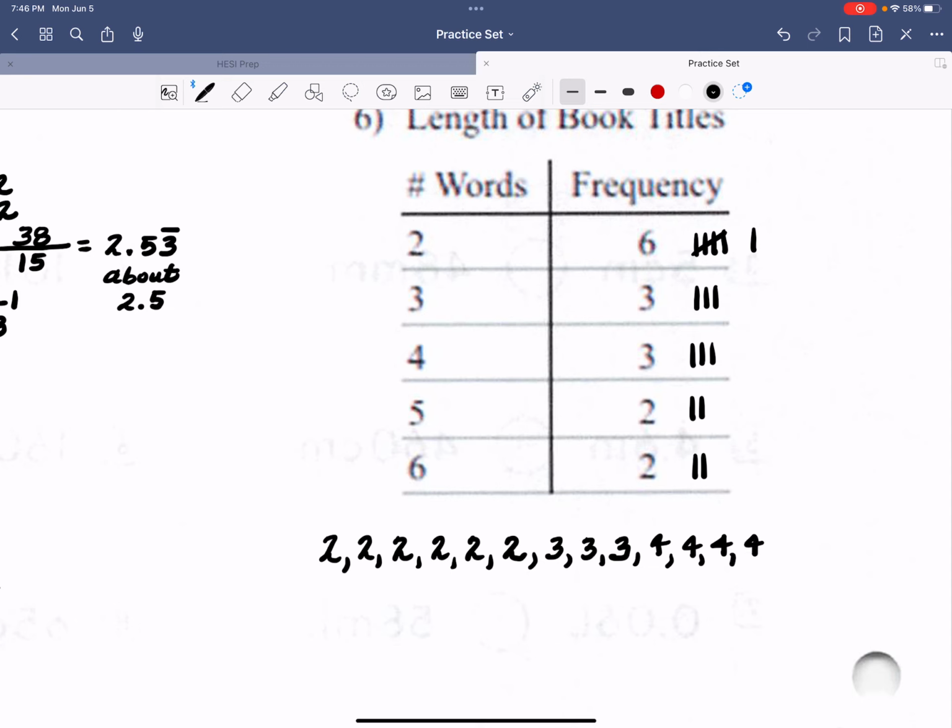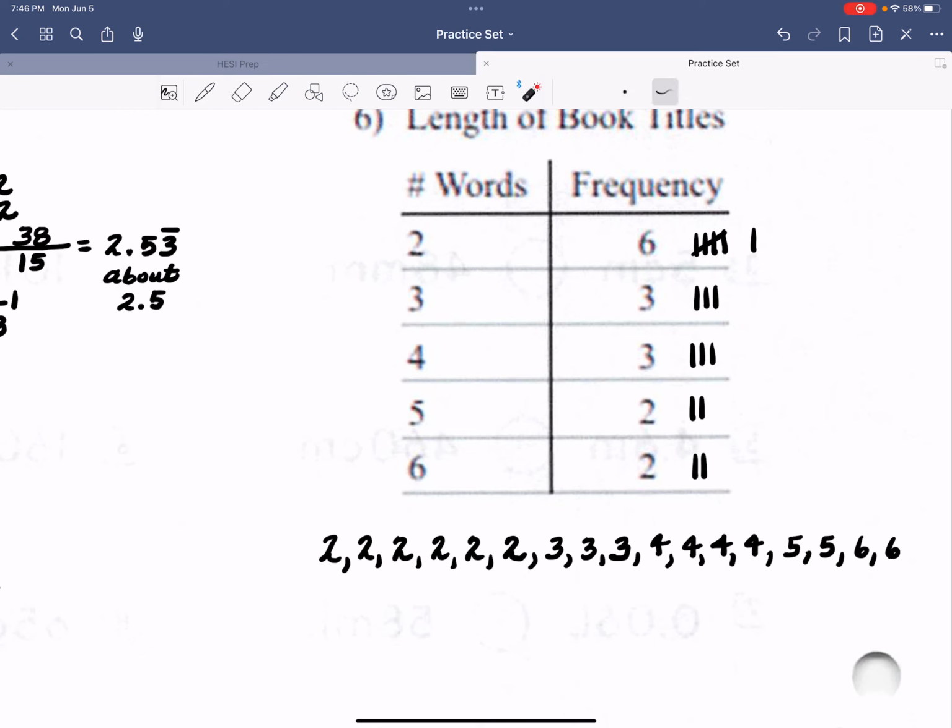Clear and Present Danger. That's a book with 4 words in the title. A couple of books had 5 words. And then a couple of them had 6 words.